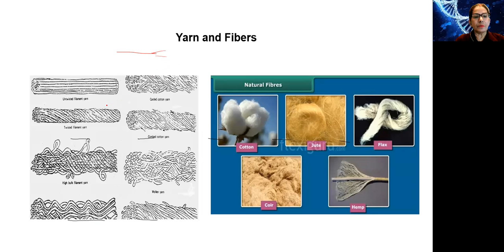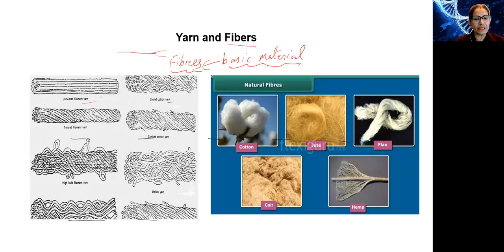So fibers can be of this type, they can be twisted filament, or this is the yarn, but then this yarn is made up of fibers. So fiber is the actual or the basic material for any fabric.